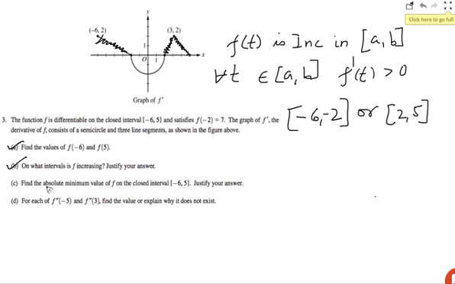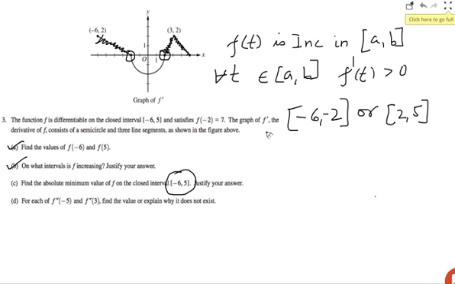Now, the next part of the question is to find the absolute minimum value of the function in the interval minus 6 comma 5, right? Now, the derivative of the function becomes 0 at these 2 points, correct? And the function starts increasing at minus 6 and 2, correct? And the function endpoint is at 5.